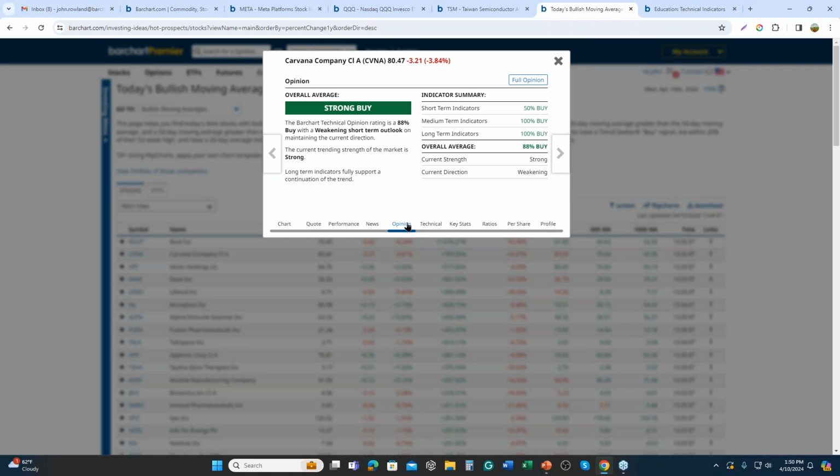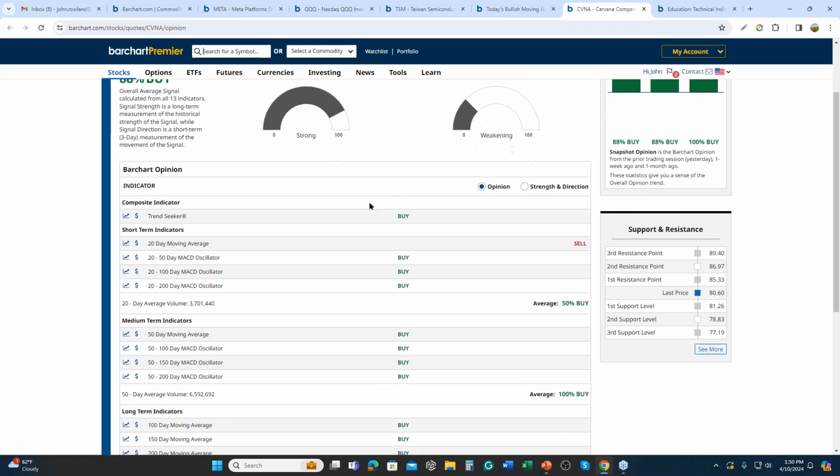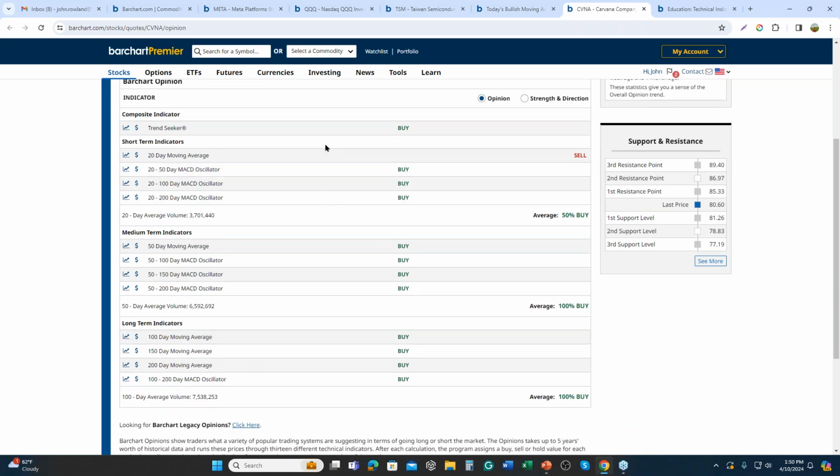You can find this little box, but let's go to the full opinion. What this does is it looks at all those different moving averages and those crossovers, and it tells you if the common interpretation for those moving averages is a buy or sell signal.